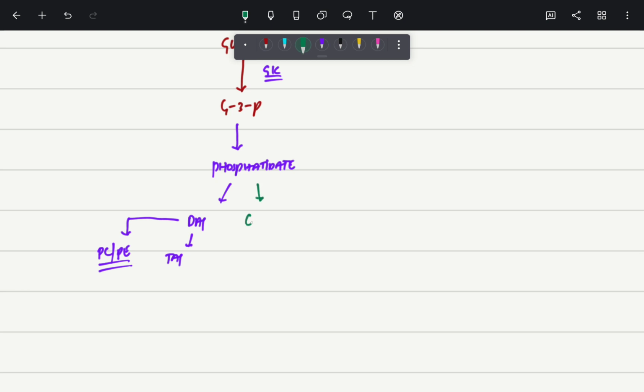And from phosphatidate we can synthesize the cardiolipin, which is present in the mitochondria. And finally we can synthesize phosphatidylinositol.